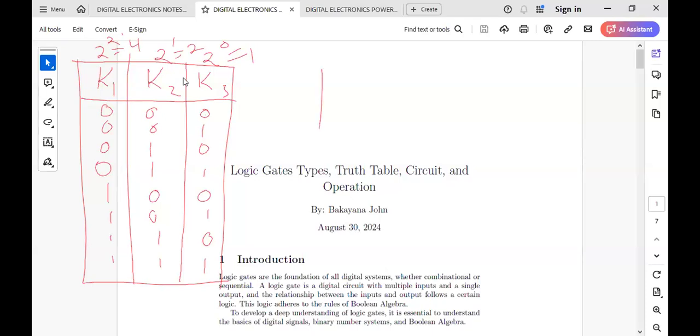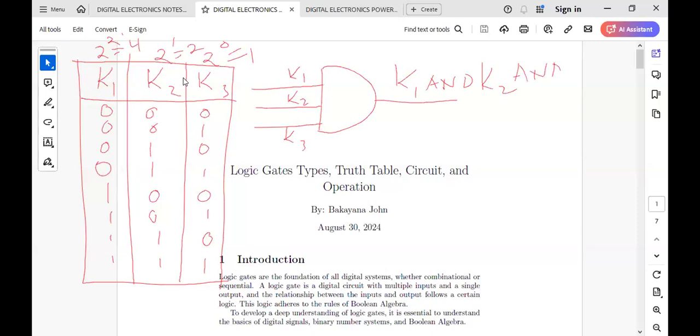And then our symbol becomes K1, K2, and K3. So then our output can be K1 and K2 and K3. That okay? Okay, now let's go back, thank you so much, Mr. Pio.